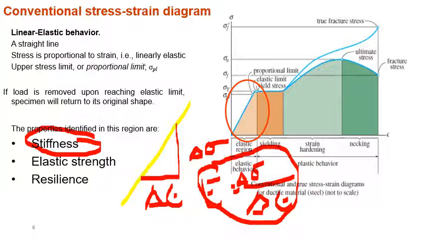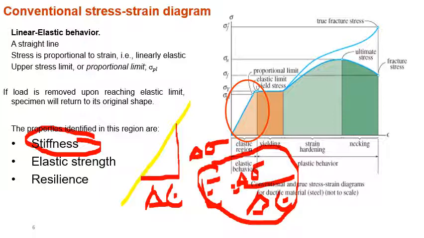Then the next thing is elastic strength. Elastic strength is the point where the plastic deformation starts, or you can say the elastic deformation ends. Below that point the material behaves like an elastic material. Above that the material starts behaving like a plastic material. What is elastic?